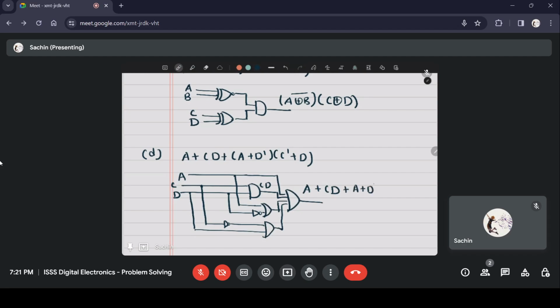A plus D bar, well, these two should have been AND at first, right? That will give you A plus CD, A plus D prime, C prime plus D, that's A plus D prime and C prime plus D.